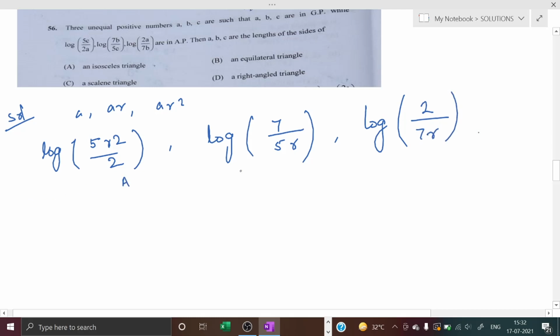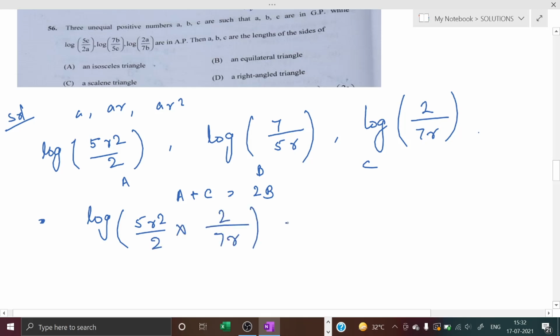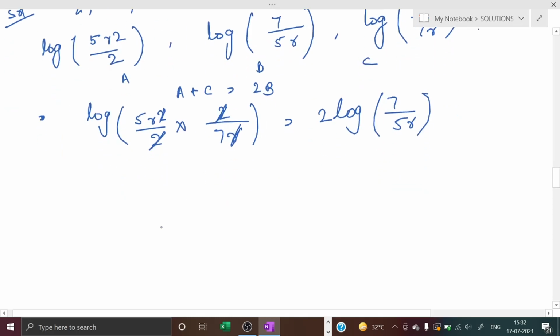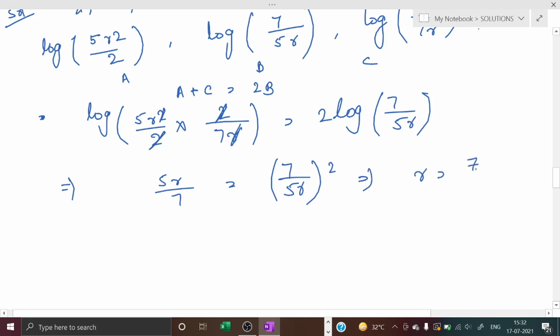So this is a, b, c, this is in AP, so we will have a plus c equals 2b for AP, so we will have log of r square by 2 into 2 by 7r equals 2 times log of 7 by 5r. So now r cancelled, 2 cancelled. From here, if we take the anti-log now, we will get 5r by 7 equals 7 by 5r whole square. So we will have r equals 7 by 5, right?